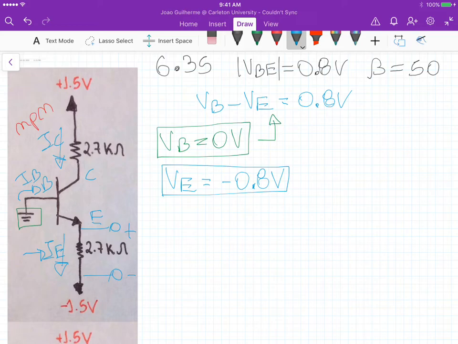So the voltage across that 2.7K ohm resistor is equal to VE minus minus 1.5 volts, and that's equal to the emitter current times 2.7K.